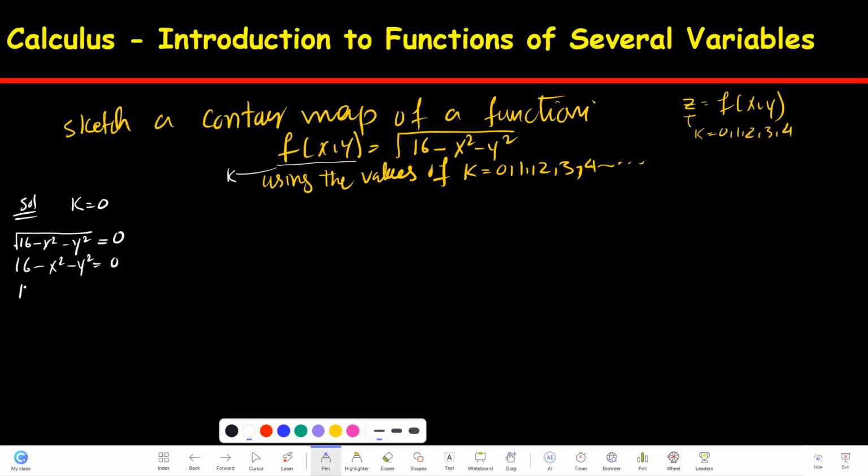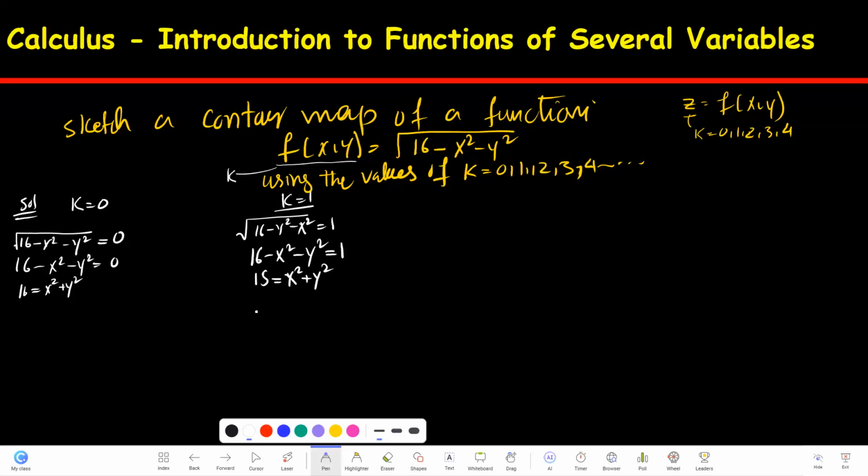And if I simplify further, same thing if I go to k equals 1, it's going to be 1 here this time. And if I take the square root on both sides, it's going to stay 1. Your answer will be 16 minus x squared minus y squared equals 1. And if I rephrase, this is going to be 15 equals x squared plus y squared.